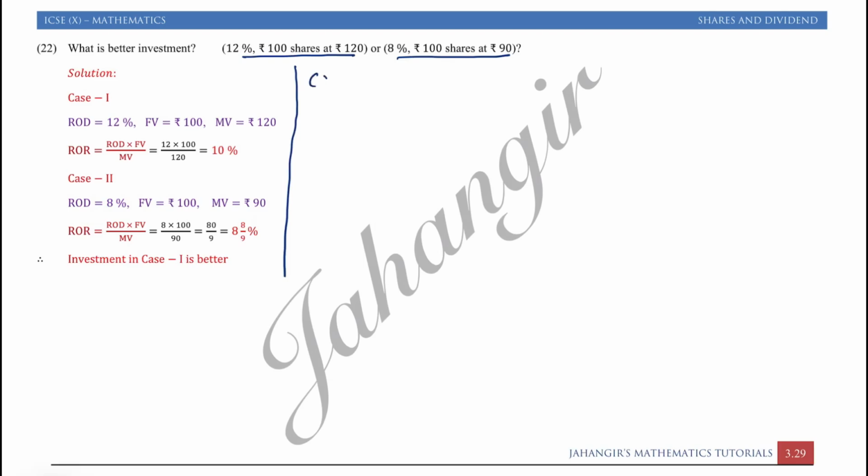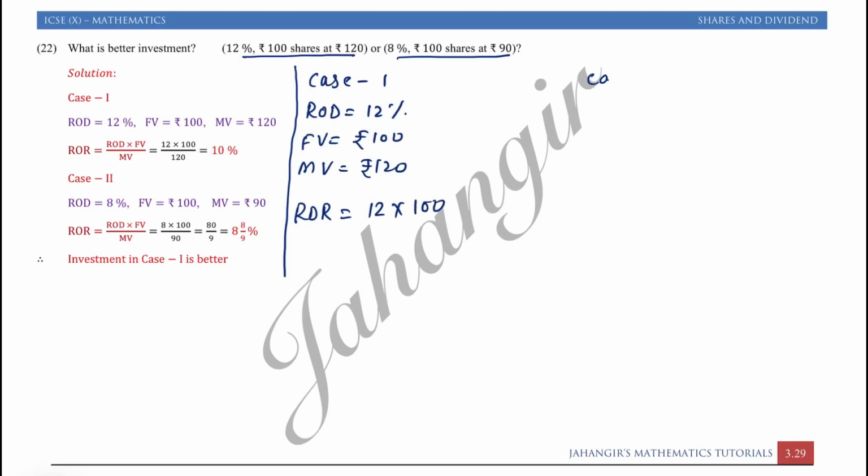So again we will say case 1, ROD is 12%, FV is rupees 100 and MV is rupees 120. Case 2 we will do later. We will find ROR, that is ROD into face value upon market value. 12 ones are 12, 100 upon 120 gives 10%.